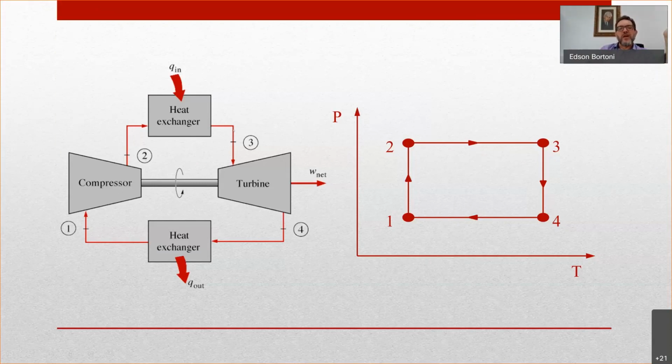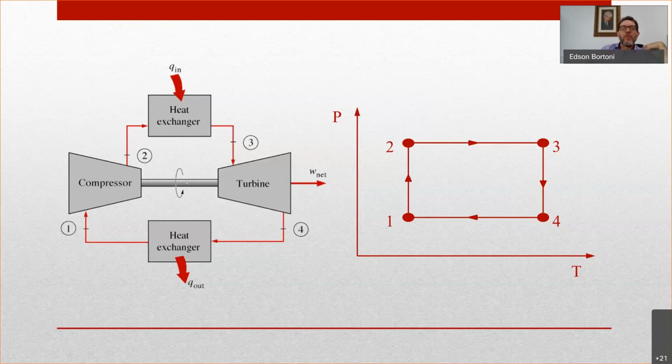You have this heater, with energy coming from somewhere here, and then you go from point 2 to point 3, and then you pass through a gas turbine. So you come to point 4, and then a heat exchanger brings you back to point 1. So this is the Brayton cycle.